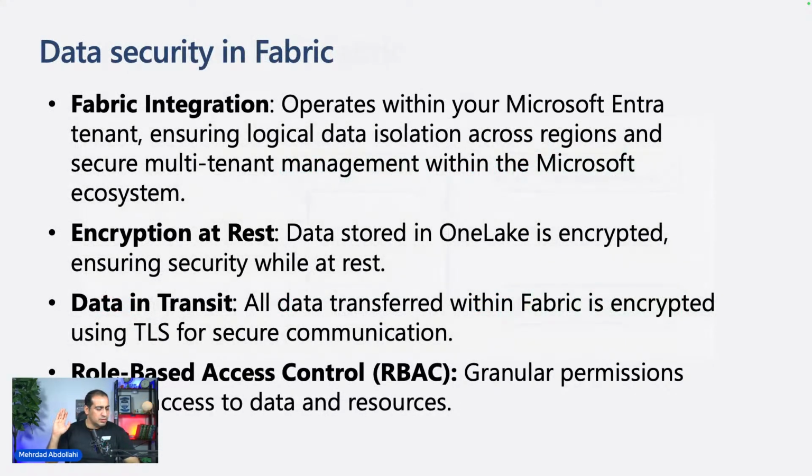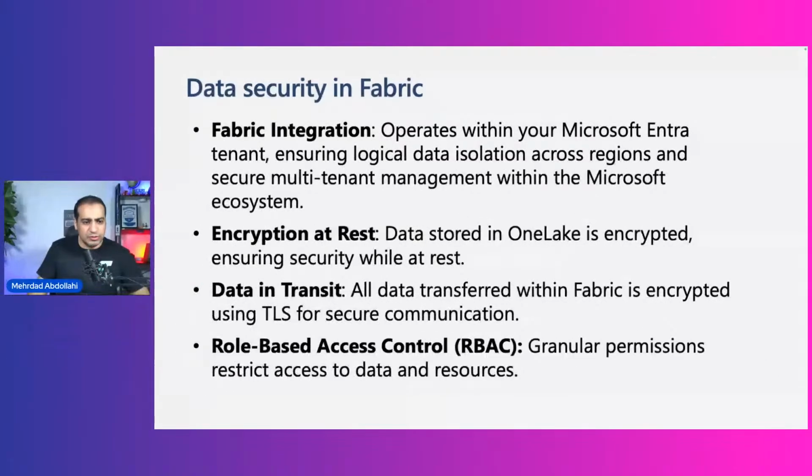But in general, we talked about some security topics, like how Fabric is integrated with your Microsoft Entra ID tenant, and there are some isolations when there's a multi-tenant, and the admin of your Entra ID is going to restrict the access to each tenant.